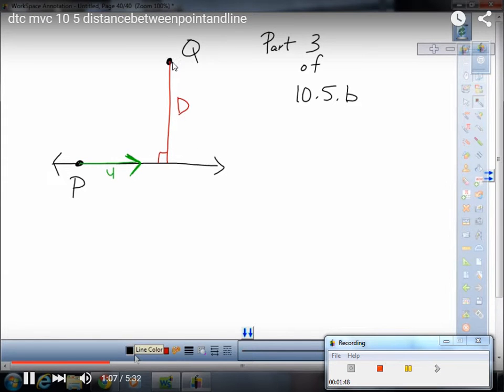We will refer to this red line as D. Take any point on the line P and create a vector PQ. Think of the hypotenuse of this triangle as the magnitude of PQ. There will be some angle theta created.